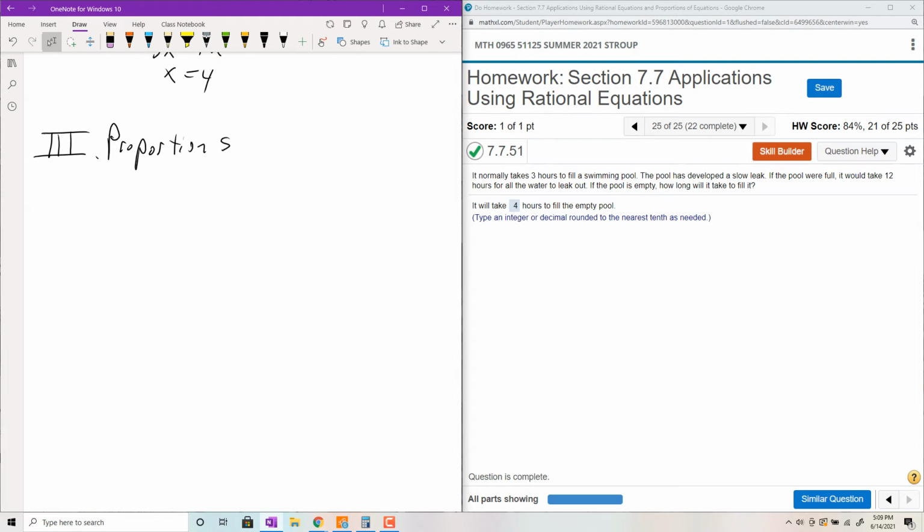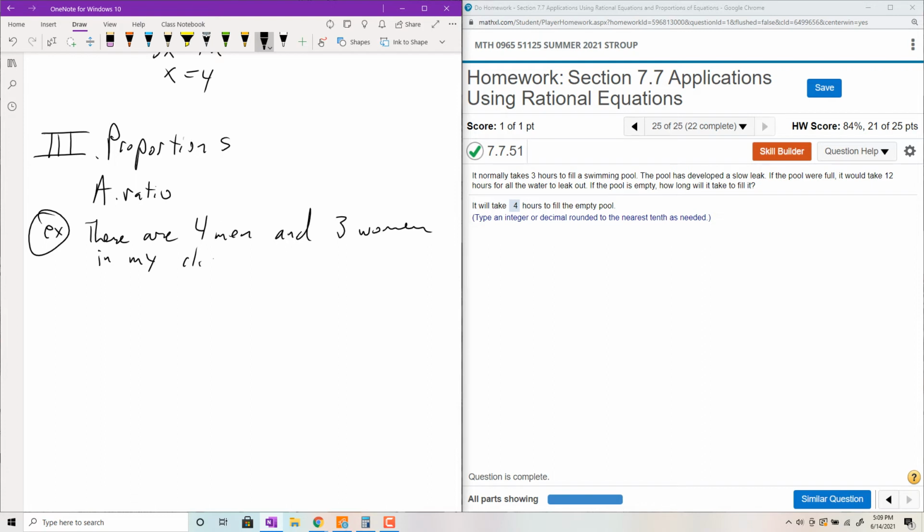And these are equations where you have a ratio on each side. So first we need to define a ratio. A ratio is just a comparison using division. So for example, there are 4 men and 3 women in my class.